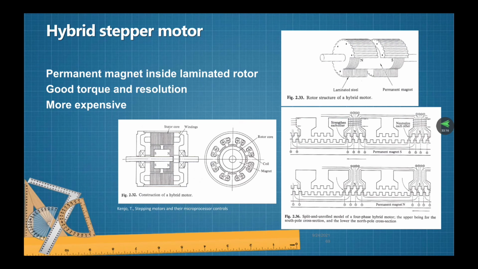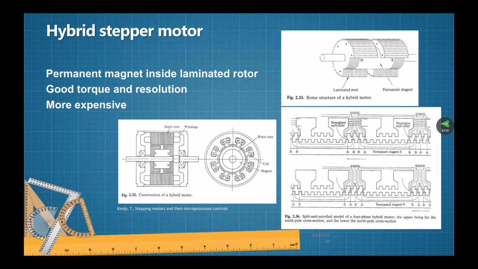We will move to the hybrid stepper motor. From the previous video, we know the features of both the variable reluctance and the PM stepper. The hybrid has a more complex structure and thus is more expensive.